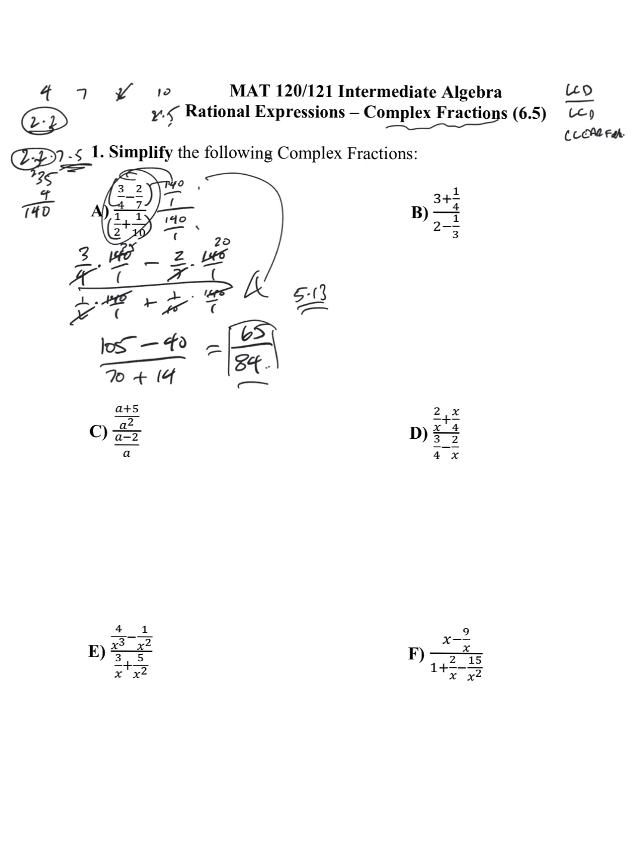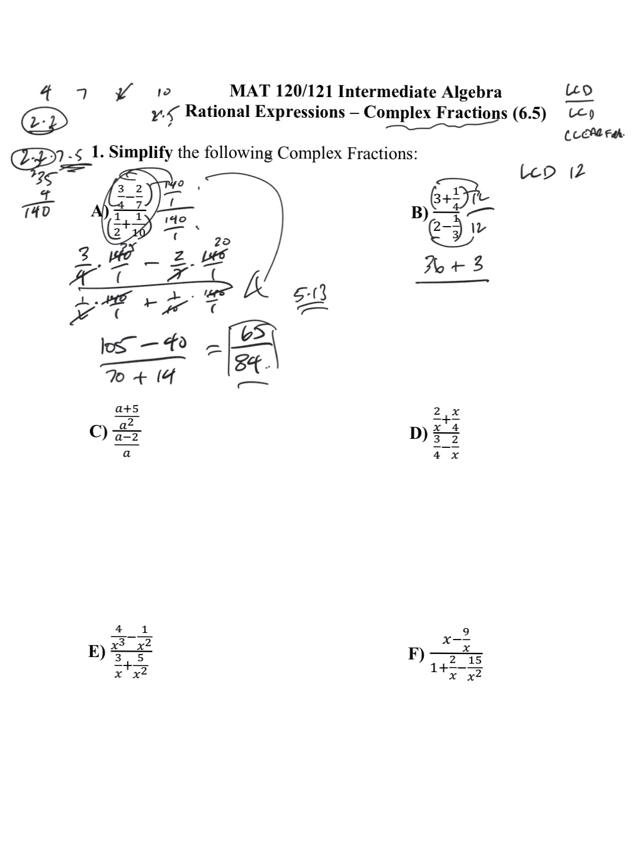For the next one, again, we have an addition statement and a subtraction statement. So we clearly have a complex fraction, and the LCD is relatively simple here. It looks like it's 12, because 4 and 3 both go into 12. So I'm going to multiply the top by 12 and the bottom by 12. There's my multiplication by 1. Distributing, 3 times 12 is 36, plus 1/4 of 12, that's a 3.